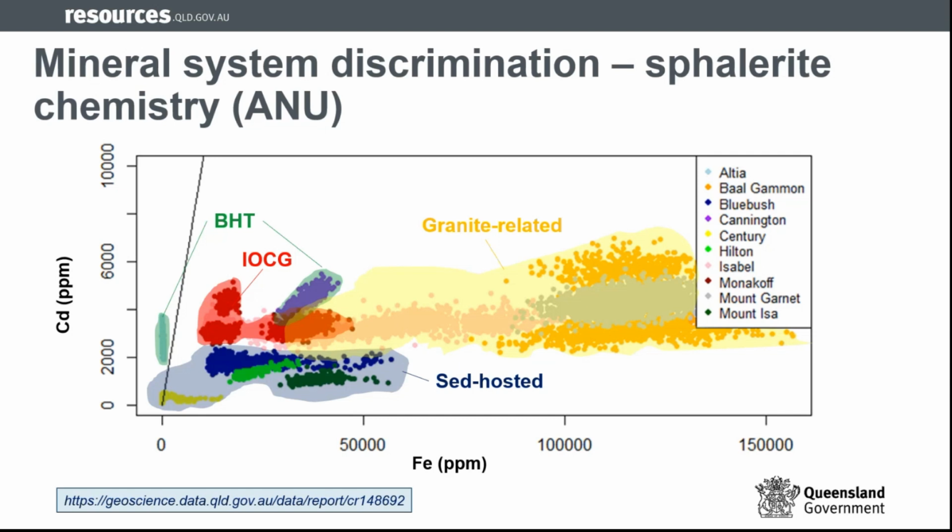Another bit of a teaser of the use of mineral chemistry for mineral system characterization. These are results of a PhD student from ANU, who is finishing his PhD research. The focus here was on mineral chemistry of spheroids, and on this simple two-dimensional diagram, we can clearly see how we can differentiate different mineral system types based on the chemistry of just one mineral, looking at just two elements.